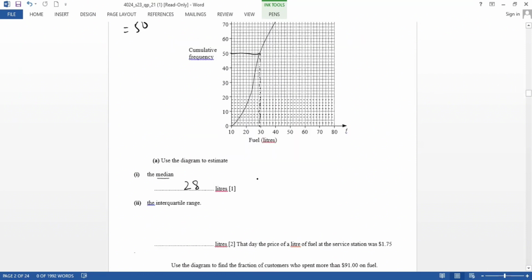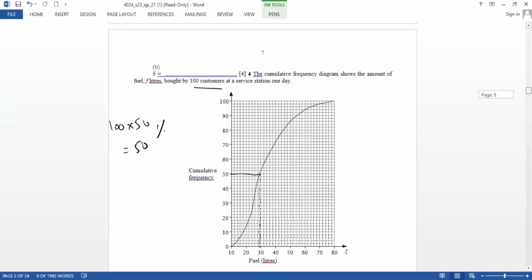The interquartile range is calculated as the upper quartile minus the lower quartile. The upper quartile will be 100 times 75%, that will be 75. At 75, the value is 42.